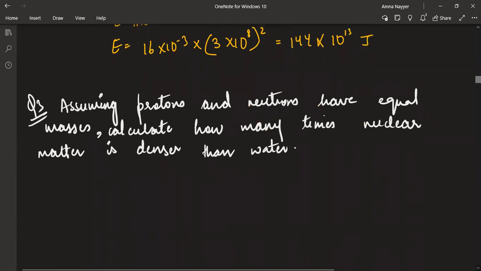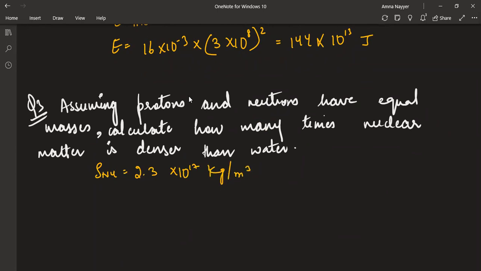Yes, class. This question says, assuming protons and neutrons have equal masses, calculate how many times nuclear matter is denser than water. Means you have to compare the density of the nucleus and the density of water. The density of the nucleus will still be 2.3 into 10 to the power 17 kg per meter cube.